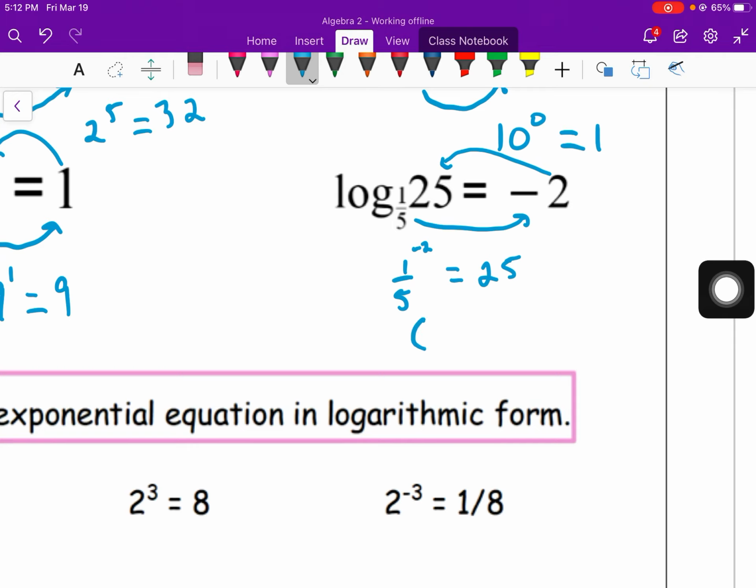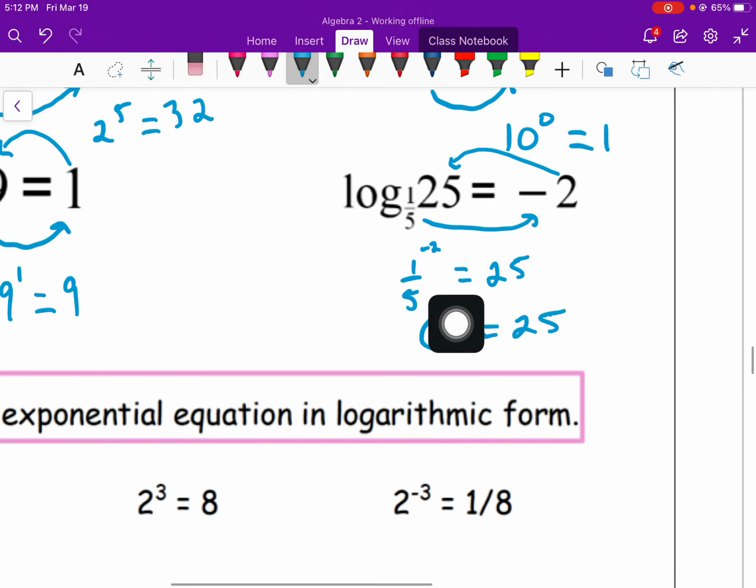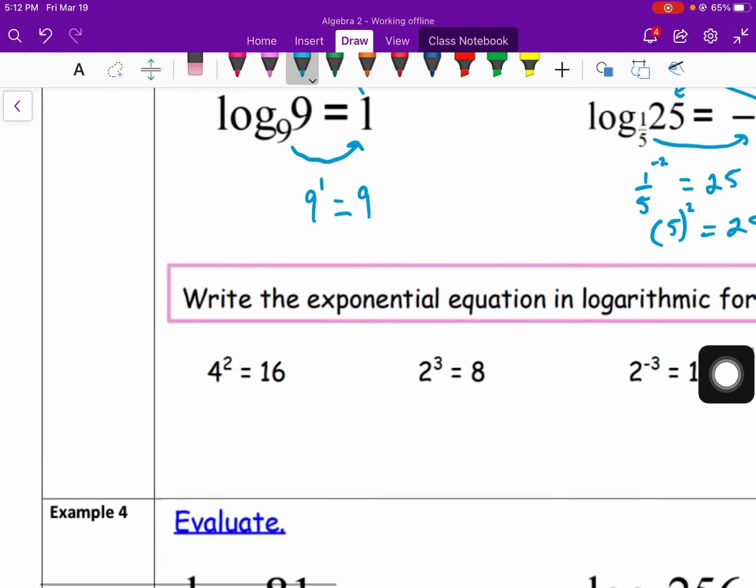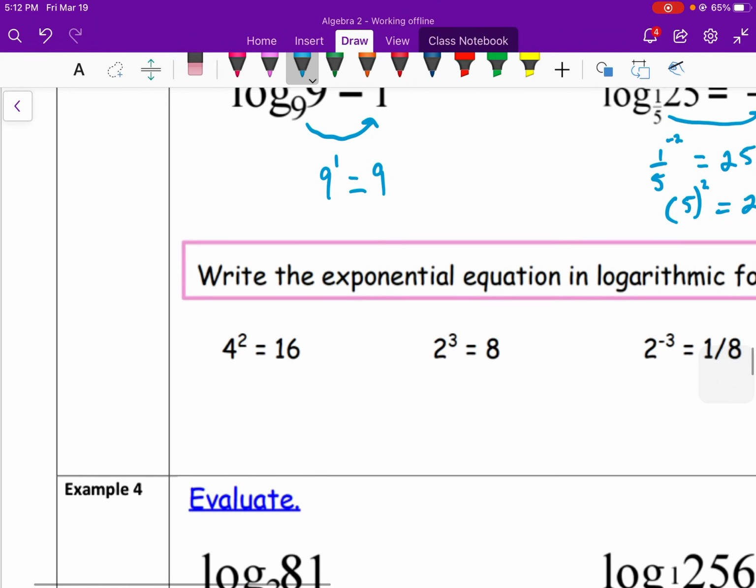So that becomes 5 to the power of 2, equals 25. We've practiced this a couple times over the last couple units. And is that true? 5 squared is 25. Yes, that is true. I hope, with practice, you'll feel more and more confident in your ability to work with that.